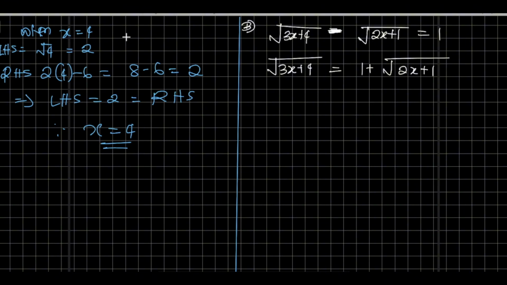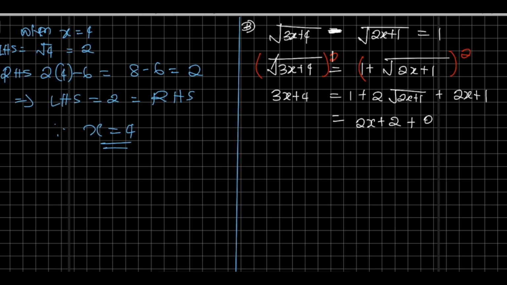Okay, and then we can now square both sides. If you square both sides now, you'll be able to expand. Squaring both sides, square and square root cancel each other. Here we have 3x plus 4. And then here, if you simplify, we have 1 plus 2 root 2x plus 1, plus 2x plus 1. If we collect like terms, we have 2x plus 2 plus 2 square root of 2x plus 1.